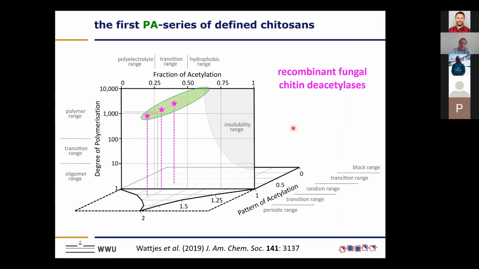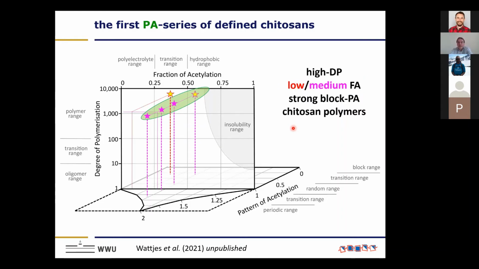So we have continued working, and we've now come up with a different way of producing chitosans, again using our enzymes, but in a different way. And we can generate chitosans even with a very strongly blockwise distribution. So here we can extend now this series of chitosans towards the blockwise pattern of acetylation. And we can do the same, of course, also with the chitosan with a lower fraction of acetylation.